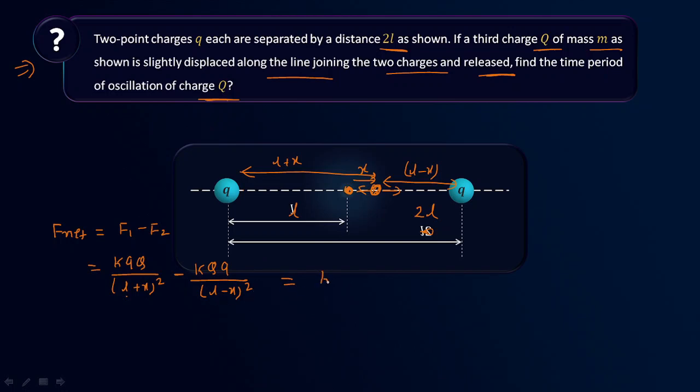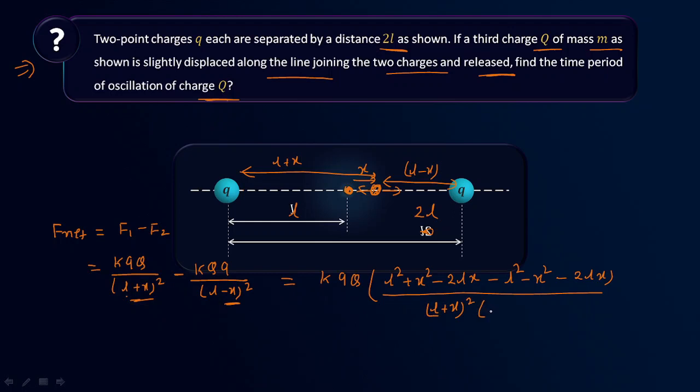We can take KQ as common. So now we have L square plus x square minus 2Lx, this term, minus now this term, L square plus x square plus 2Lx, divided by (L plus x) square into (L minus x) square. Like this we can write.